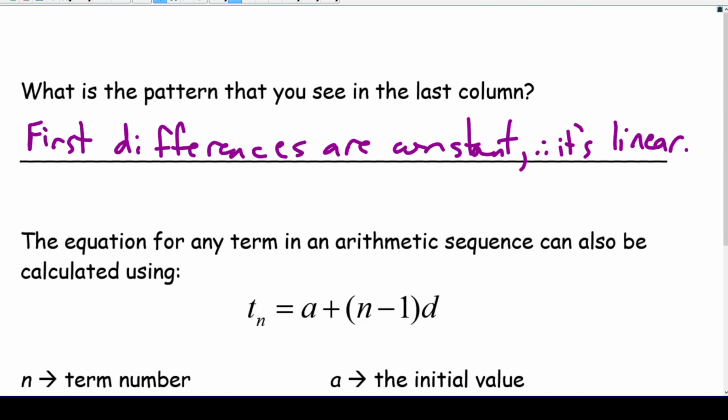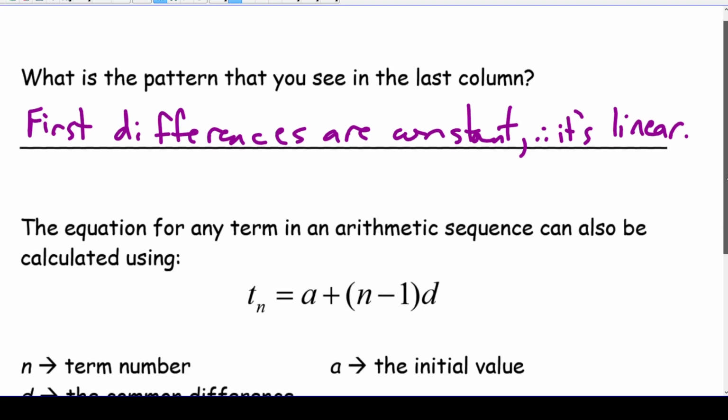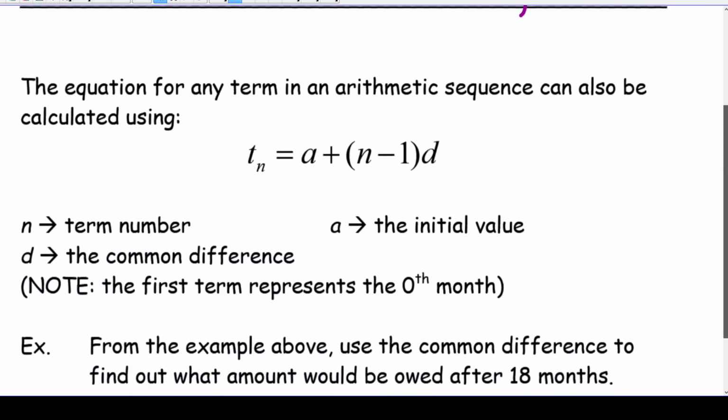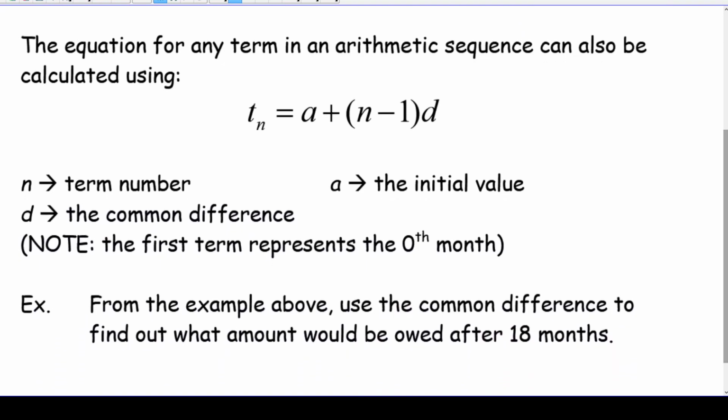It is a linear relationship. But it's also an arithmetic sequence. We could use this formula to calculate how much we would have over time as well. Now, I know the question originally said to find out what it was in 12 months, but I changed it here to 18 because we can use either formula to find any month value at this point.